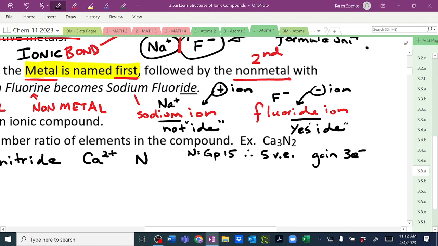And so the charge of nitride ion then is N 3 minus. And I guess I'll write down calcium. We had group 2, therefore 2 valence electrons, and so it would lose 2 electrons.